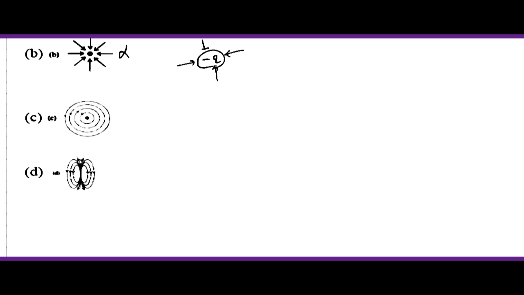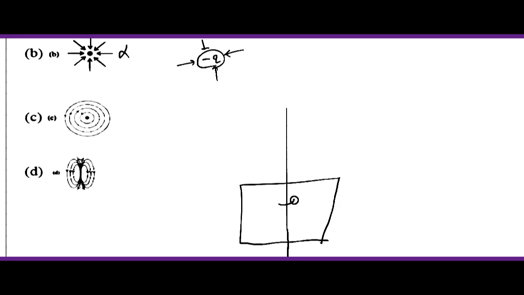But when you check option C, here you can see the field lines are circular. This happens only when you place a wire. Let us talk about when you place a wire in a plane. Let's say this is the wire, and we place it in a plane, something like this. Here the magnetic field lines formed due to a current carrying wire are something like this.